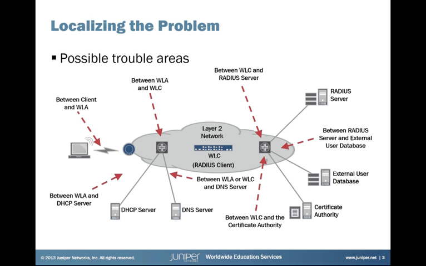Here we have a sample topology, and it illustrates the various components, including wireless clients, the WLA or access point, the controller, the various servers including DHCP server, DNS server, radius server, external user database server, certificate authority server, and the supporting layer 2, layer 3 network components. Understanding all of these elements and what they do and how they interact with one another is key. You can find a lot of information about this in our courseware. We do have a couple of training courses that cover wireless LAN networks, so if you're interested, check into that.